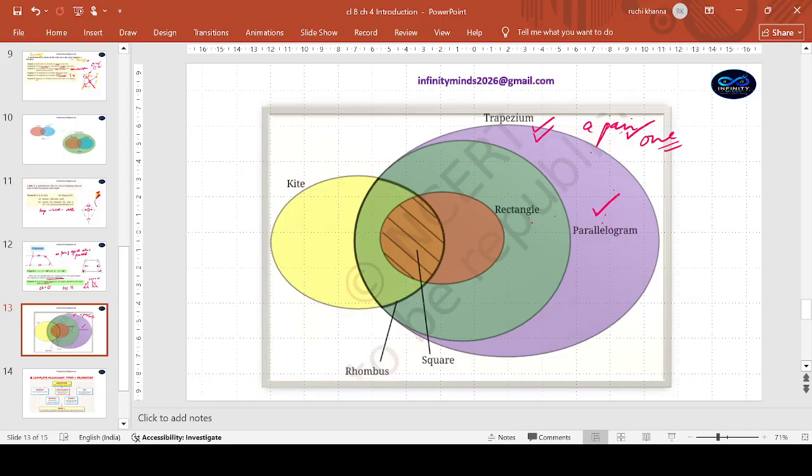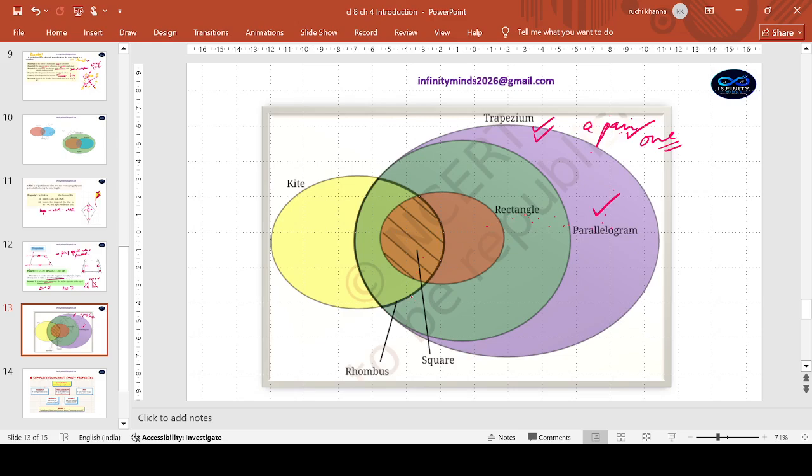Rectangle, then square, rhombus, rectangle: all three are part of parallelogram, as we have already seen. Square was the intersection of your rectangle and rhombus, right? Now in this, the purple one is your trapezium. Then comes your parallelogram, the green one. The brown rectangle is part of parallelogram.